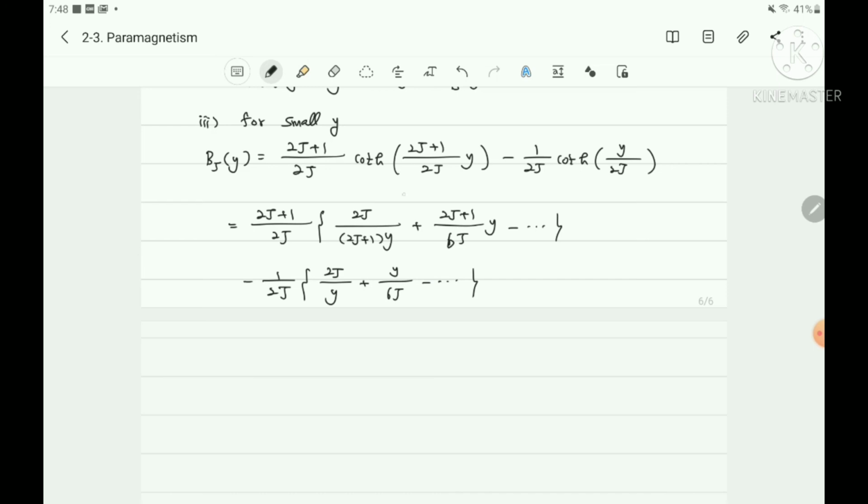Then the first term is 1 over y, and these terms cancel with each other.